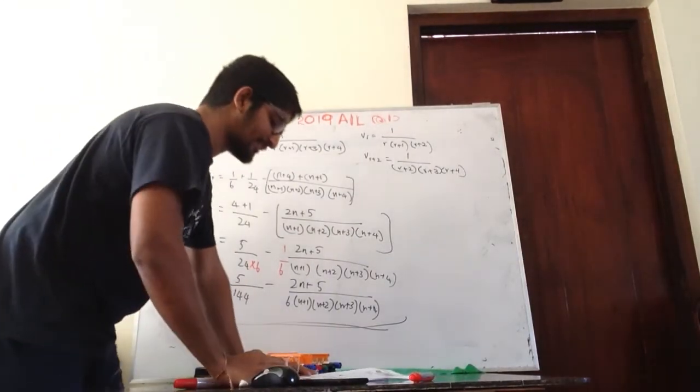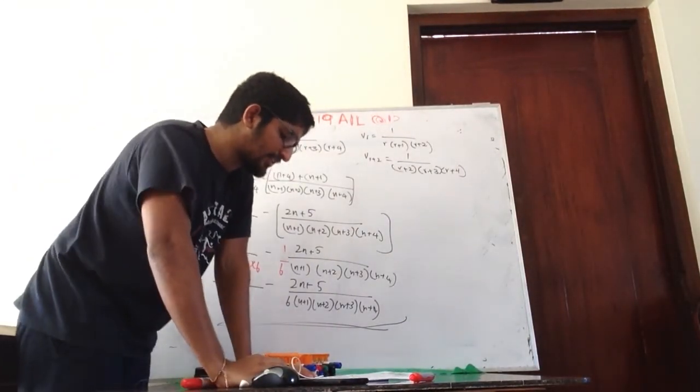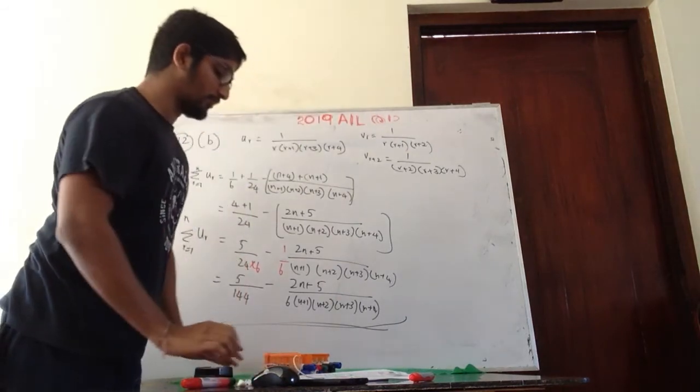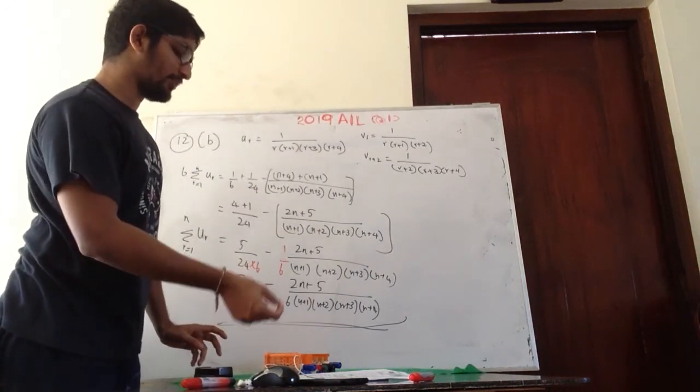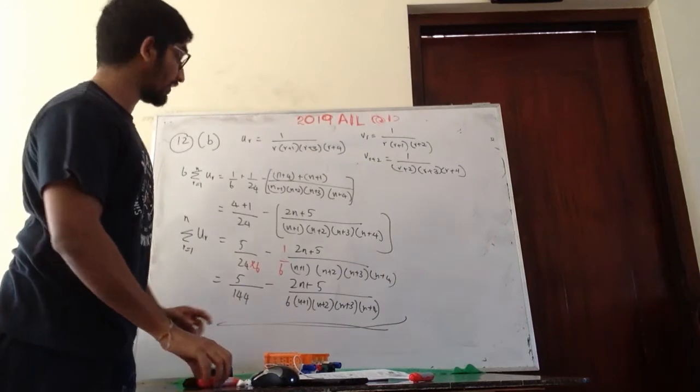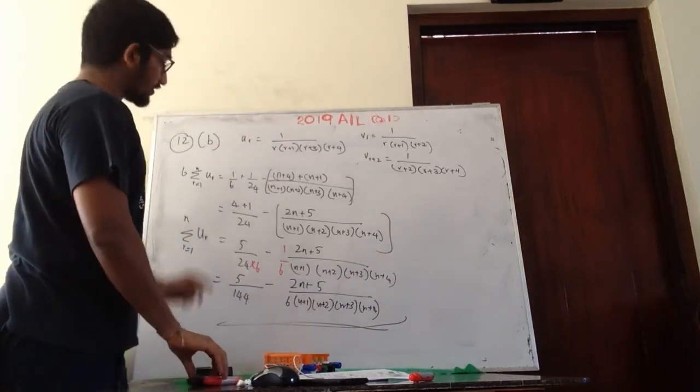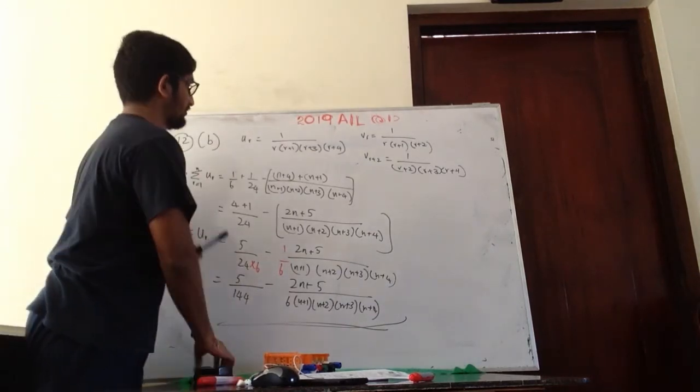So we got this. So what are they asking next? So then they are saying WR is equal to U2R minus 1 plus U2R. Okay, I'm going to keep this.